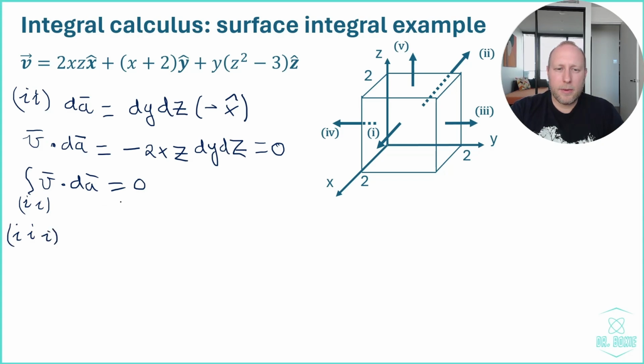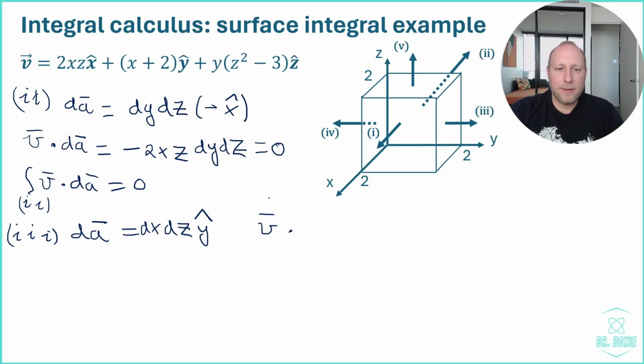For face number 3, it's the right-hand face of the cube. So the dA points in the positive y direction, so it will be something multiplied with y hat. And it is part of the xz plane, or it is parallel to the xz plane, so it's of the form dx dz.